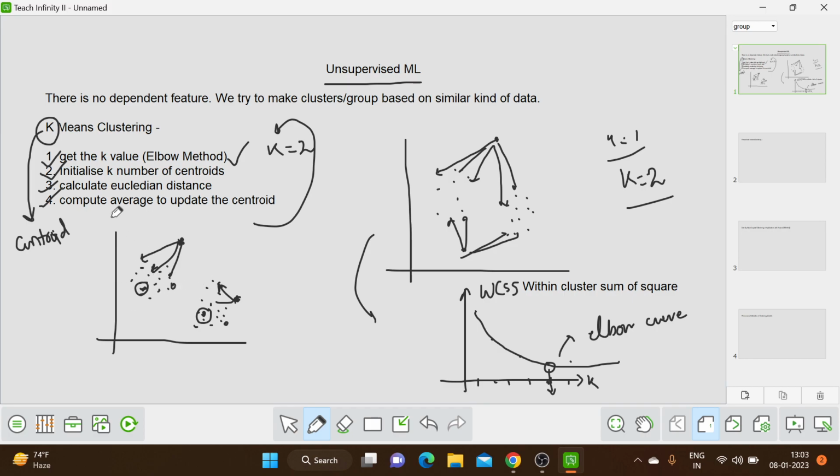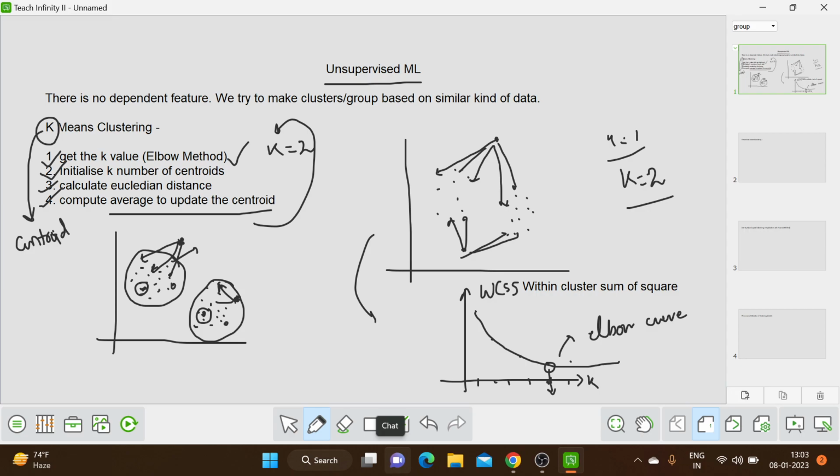By calculating the averages, we update the centroid from here to here. We see the average comes to be very accurate here, so we take the k here. So this forms my cluster 1 and this forms my cluster 2. So this is k-means clustering.